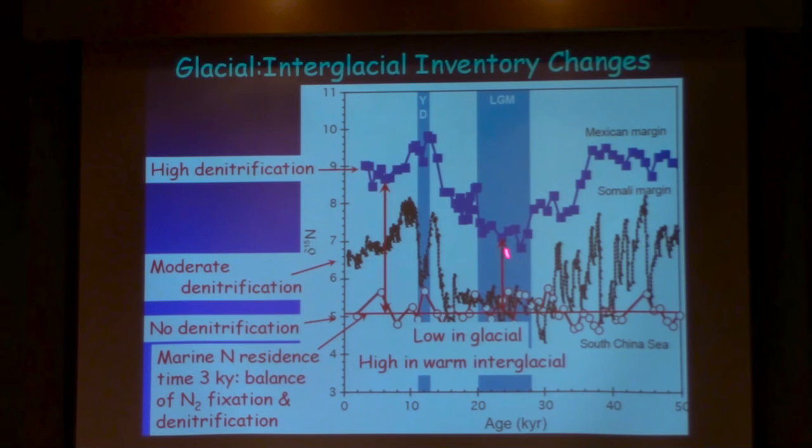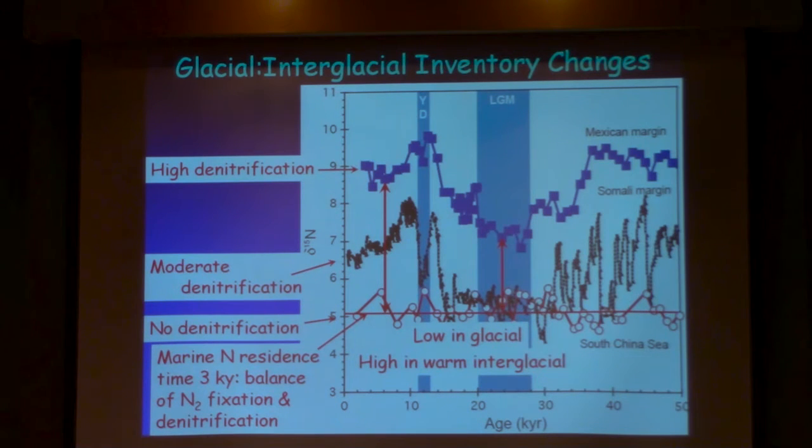Despite these big changes implied by the secular change in the nitrogen isotopic composition of nitrogen in sediments as a function of time, it's balanced by nitrogen fixation. And the evidence for it is the constancy in regions separated from zones where there's a strong oxygen deficient zone, like the South China Sea, that remain constant.